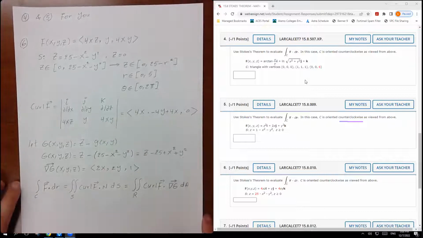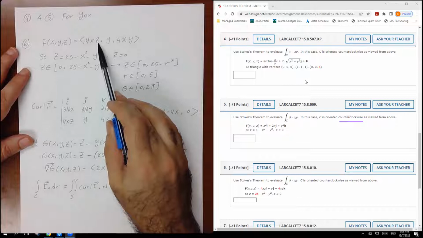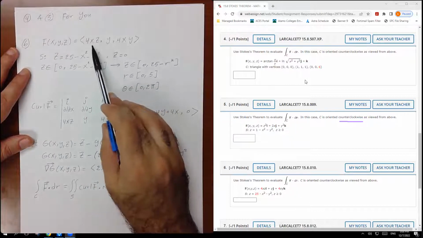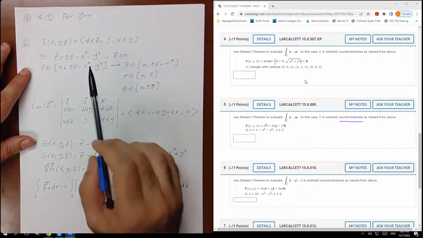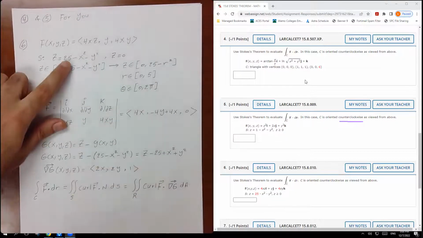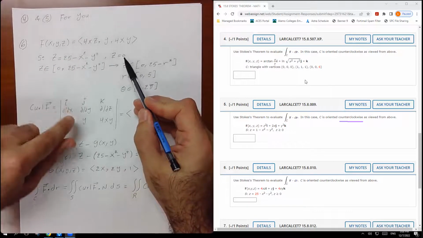So here's our function with x, y, z, and 4xz, and y, and 4xy. So z is equal to 25 minus x squared minus y squared, and z greater than 0. I'm going to start with z equals 0.